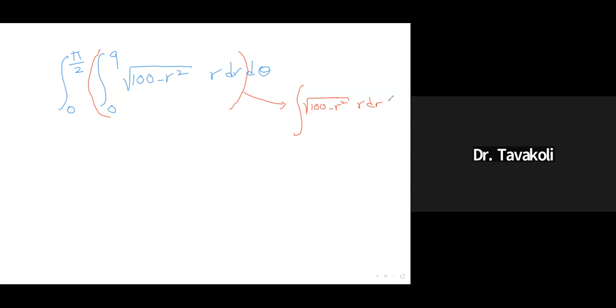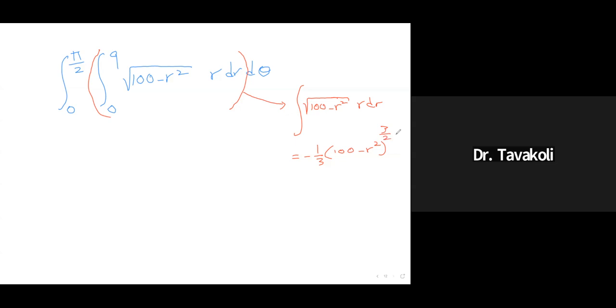This is a Calc 2, or even a Calc 1 problem, where you take u to be 100 minus r squared and find the antiderivative. If you do it correctly and simplify, so let me skip that step, at the end, the antiderivative of this function is going to be minus 1/3 times 100 minus r squared raised to the power of 3/2.